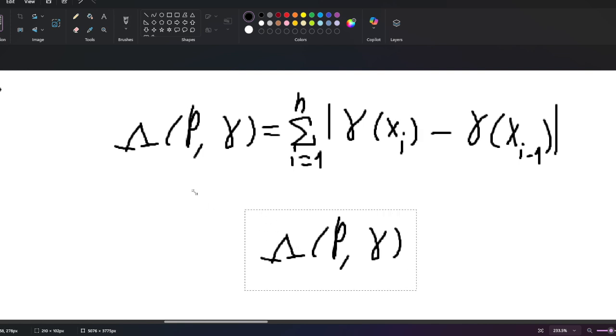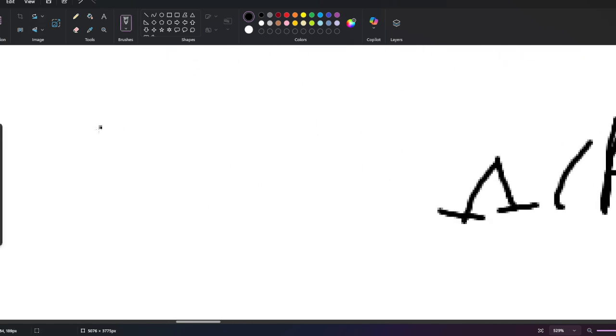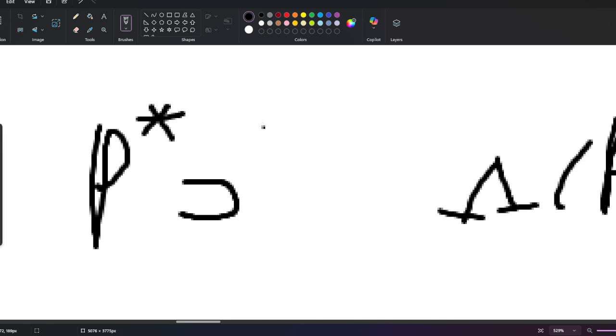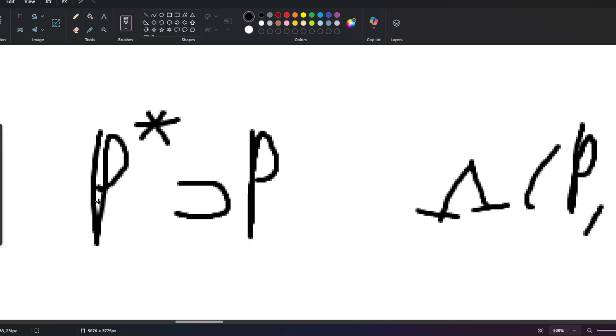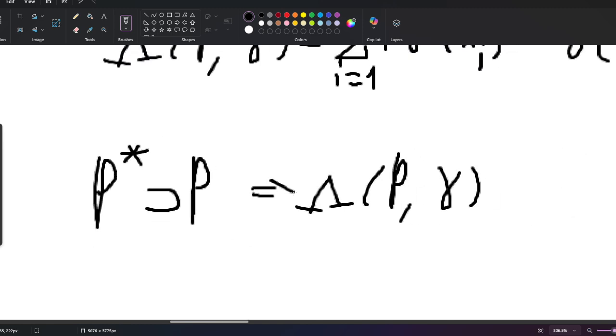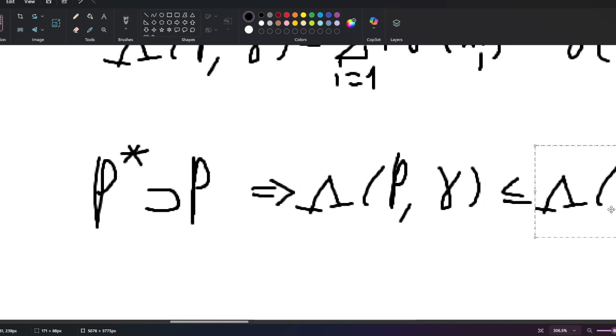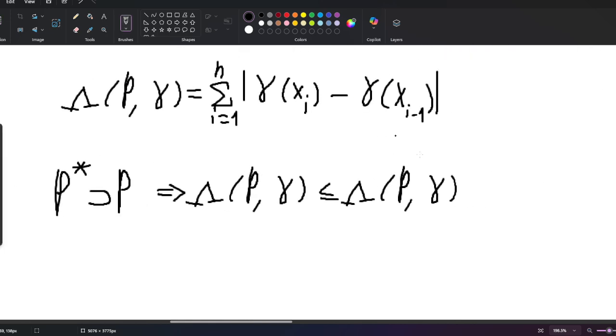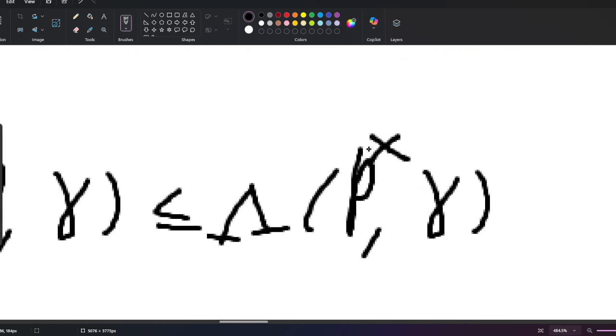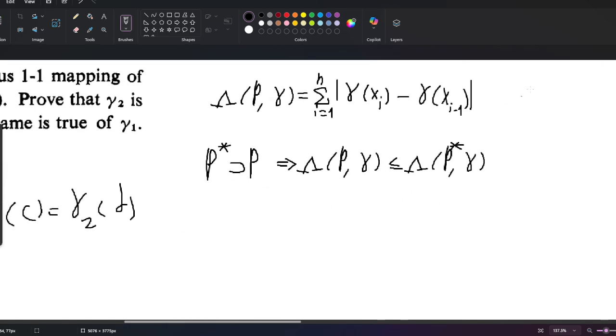So we can safely say that if P star is a superset of P, then the length of P is less than or equal to the length of P star. Alright, cool.